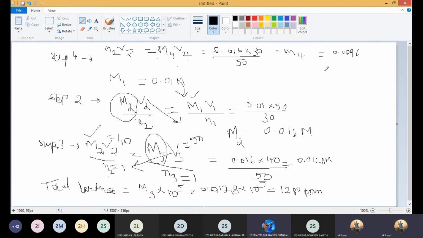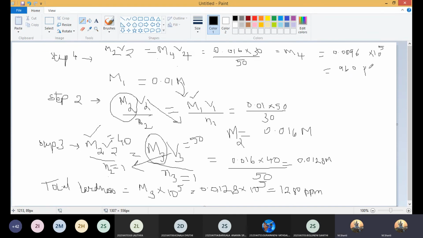Now multiply this with 10 power 5 so that you get the permanent hardness. How much is this value? 960, ma'am. Very good. 960 ppm.